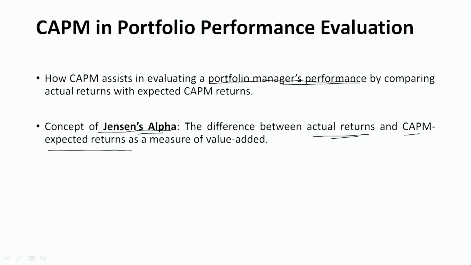If the actual return is higher than the expected return, then the excess you have got is considered to be the alpha, and that's called the Jensen alpha. But even without using the term alpha, we have already discussed whether the stock is overvalued or undervalued based on these aspects.